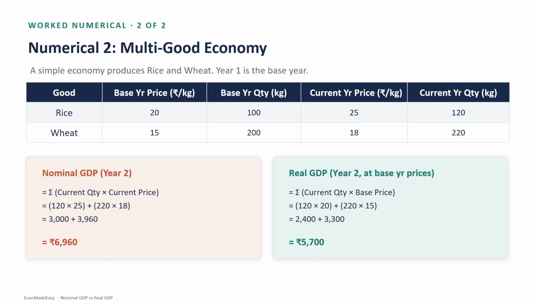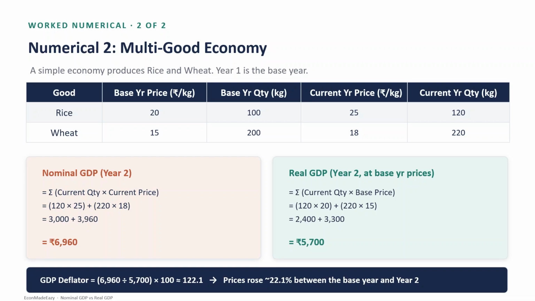Finally, we calculate the GDP deflator, which will be 6,960 nominal GDP divided by real GDP into 100. The value is 122.1. This means the overall price level in year 2 is approximately 22.1% higher than in the base year.